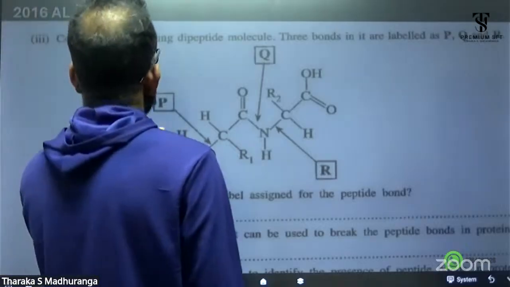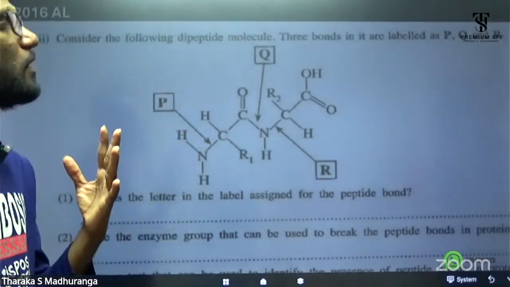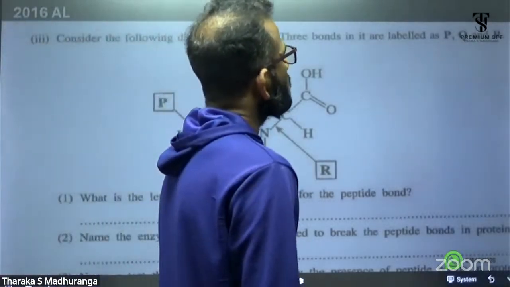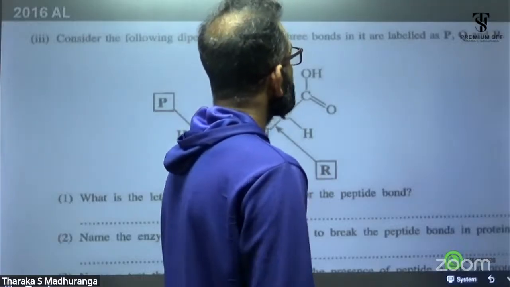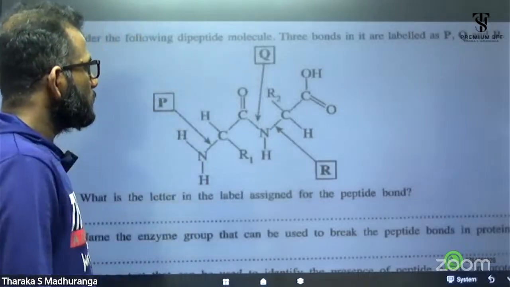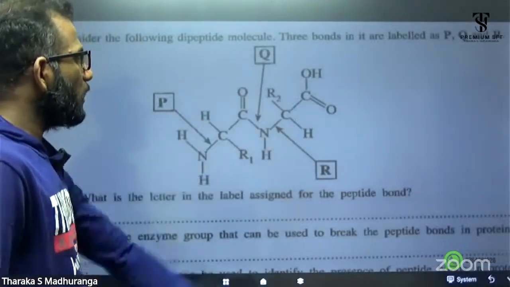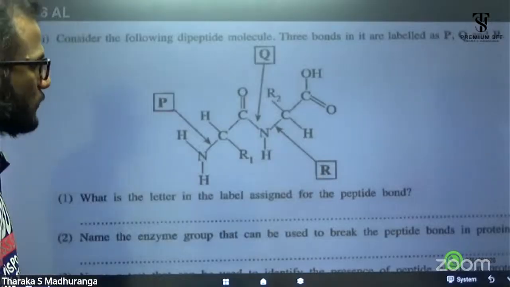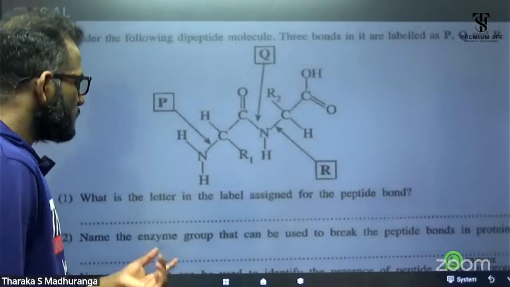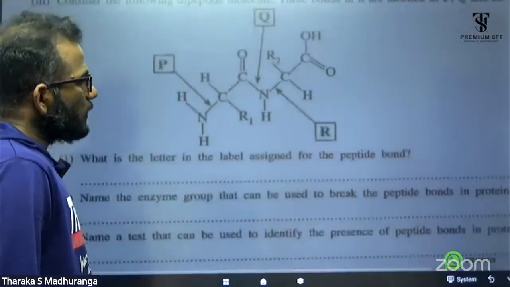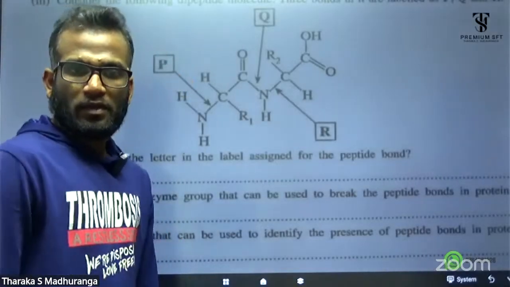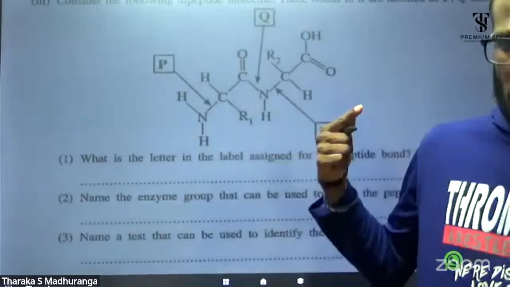Okay. Consider the following dipeptide molecule. Three bonds in it are labeled P, Q, and R. Three bonds mentioned on the dipeptide. What is the letter assigned to the peptide bond?